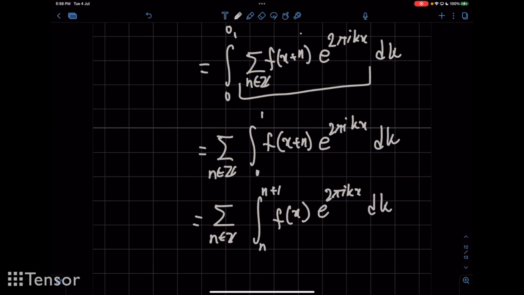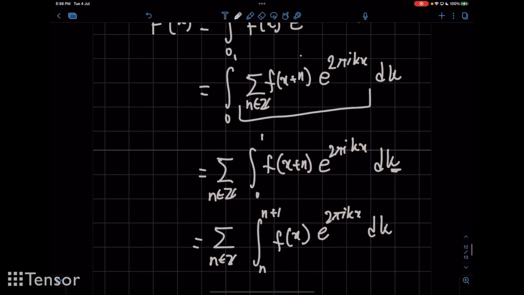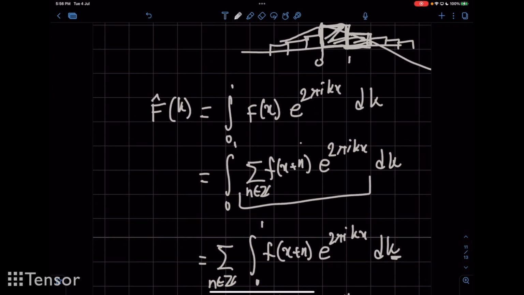Okay. So what did we do? We basically shifted the variable. Sorry, not x, we have shifted k. I'm sorry. So k was in the interval 0 to 1 before, but now... Sorry, I think I've made a mistake: this integral is supposed to be over x. Right, I'm extremely sorry.